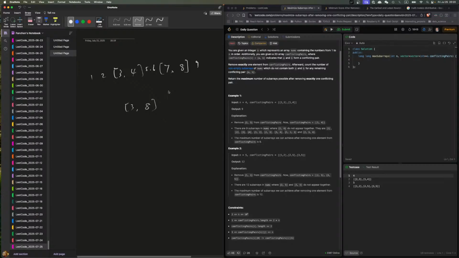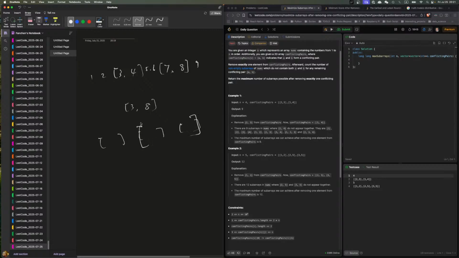Next, what if I have 1, 2, and 3? So I say these two, the overlap is produced by this, right?